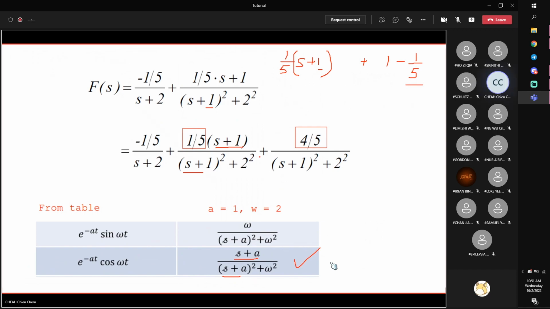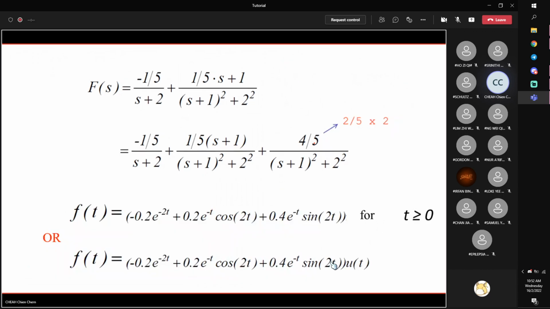Now, the second term is 4 over 5. Now you check the second term. Not exactly, this must be equal to 2, since omega squared is 2 squared and a is equal to 1. But 2 is easy. 2 is just 2 over 5 times 2. That means you take out 2 from this, you get 2 over 5, so 2 over 5 times 2.